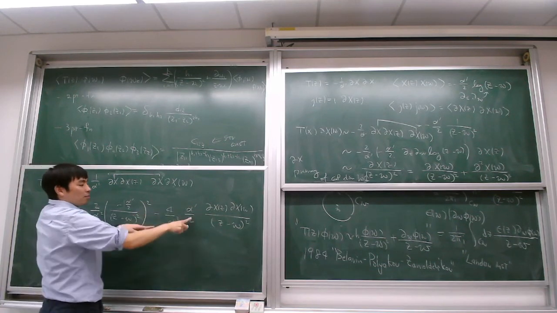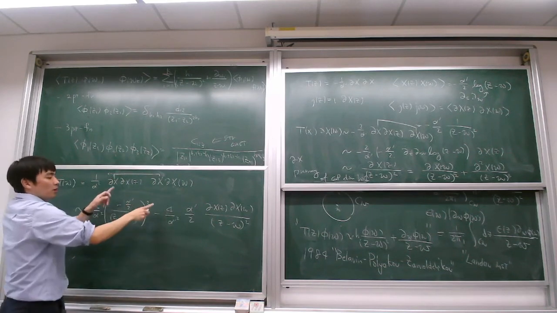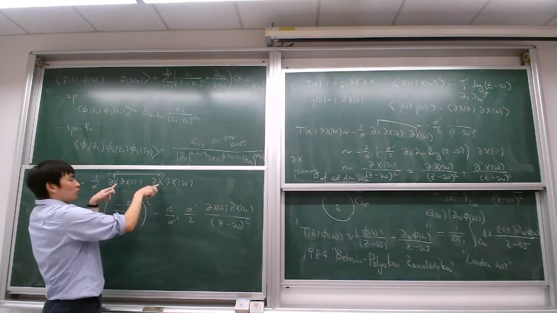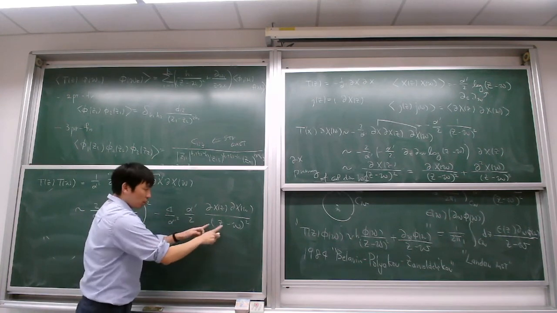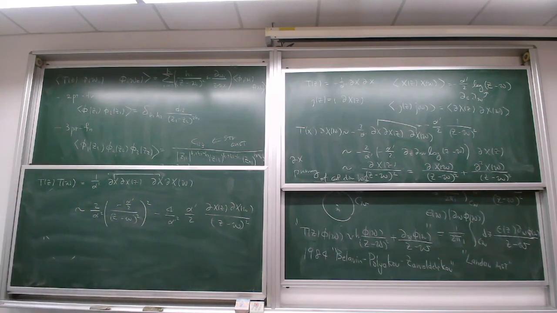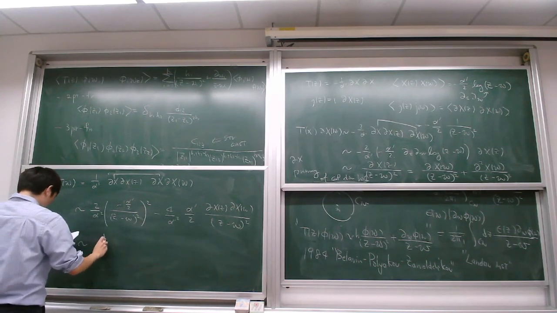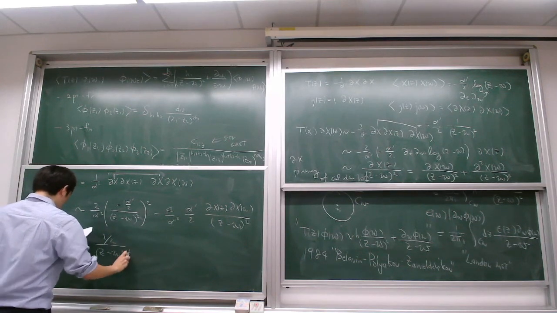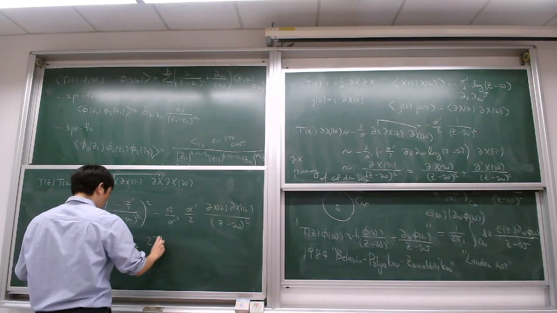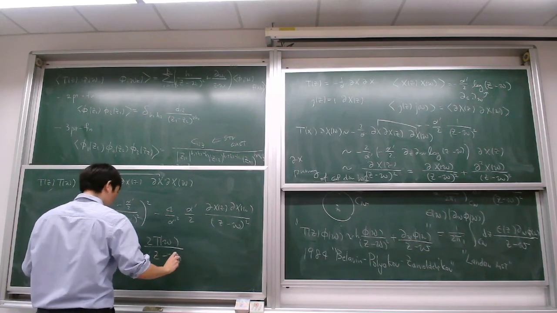And minus alpha prime over 2 over (z minus w): if you take the OPE of one of them, the two copies of X, you get minus alpha prime over 2 over one of these. This can be rewritten, everything in terms of the stress energy tensor. At the end of the day, you get this equation.